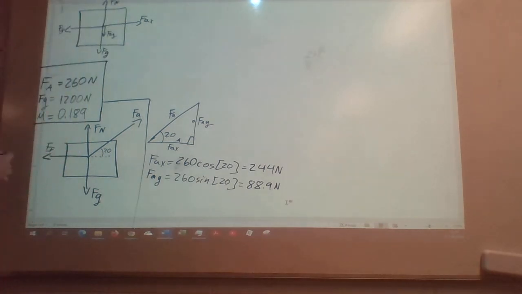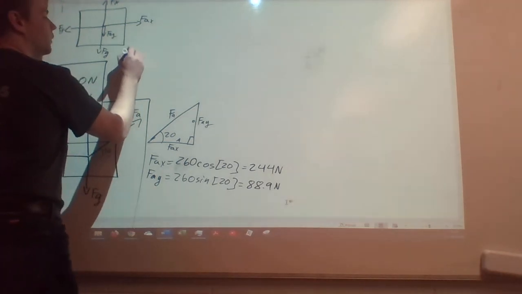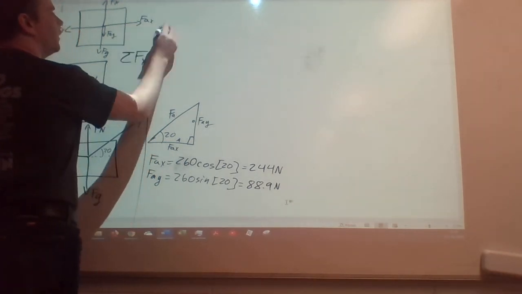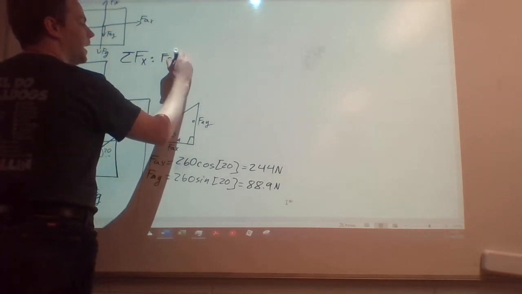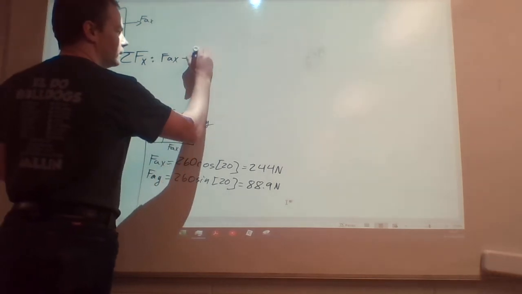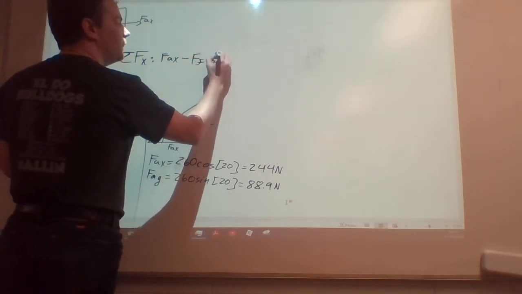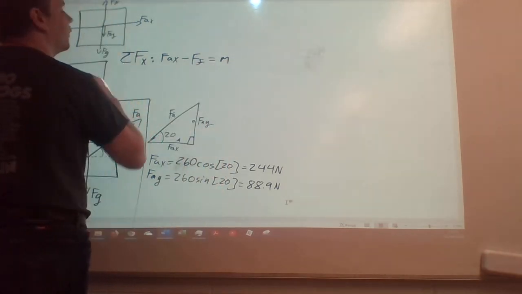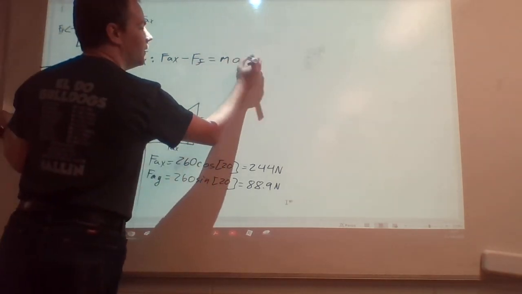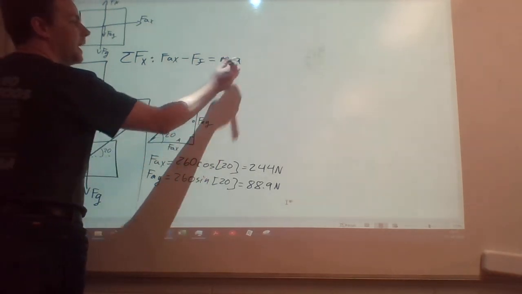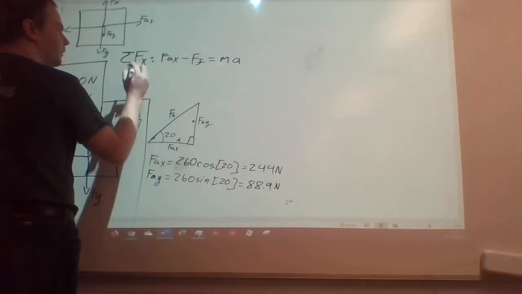And so from those, we can write our sum of forces. So the sum of forces in X would be the positive FAX minus the force of friction. But this time it is equal to the mass of the crate times the acceleration that the crate is experiencing. And A is what we are trying to find.